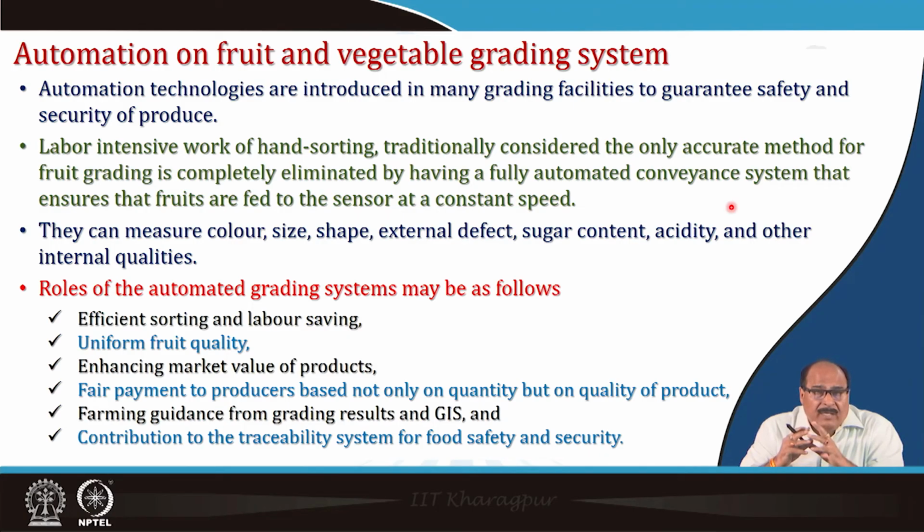The labor intensive work of hand sorting, traditionally considered the only accurate method for fruit grading, is completely eliminated by a fully automated conveyance system that ensures the fruits are fed into the sensors at a constant rate. This is why it is becoming more and more popular nowadays.